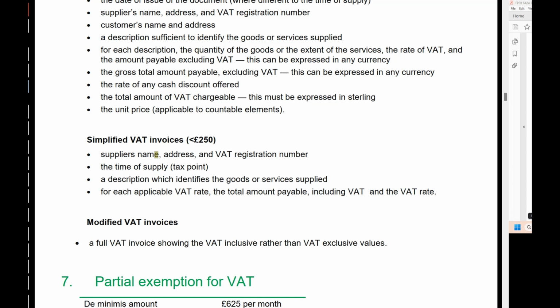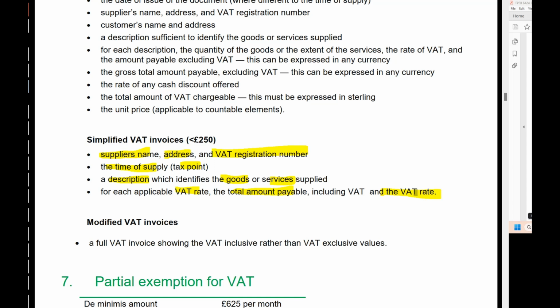Well, it includes the supplier's name, address, and VAT registration number, the time of supply, so the tax point, a description, which in some way identifies the goods or the services, and for each applicable VAT rate, so maybe there's some exempt items and some standard rated items, for each applicable VAT rate, the total amount at that VAT rate, and then the VAT rate that applies.